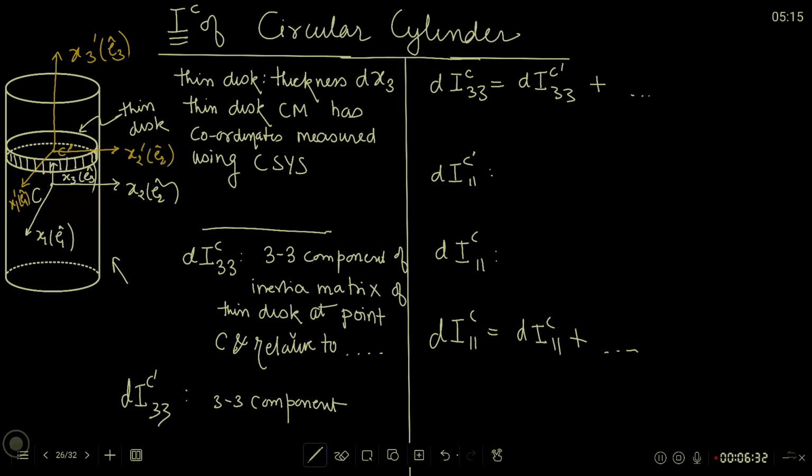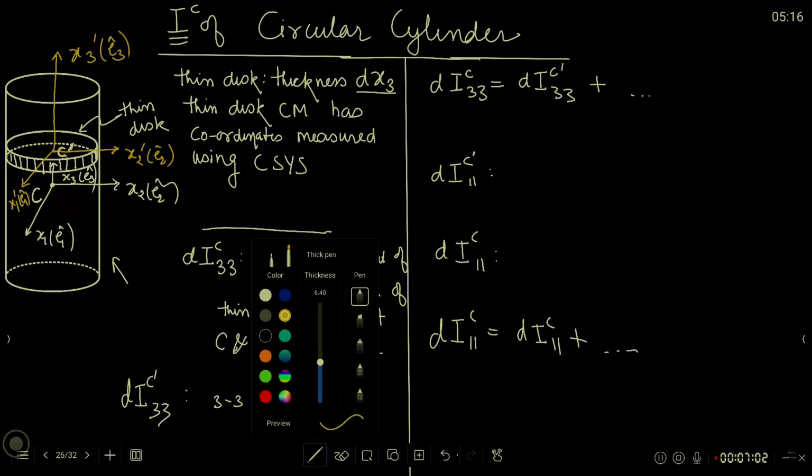I am focusing my attention right now at one of those thin disks. That thin disk has its center of mass at C prime. Mind you, C is the center of mass of the cylinder. This thin disk has thickness dx3.